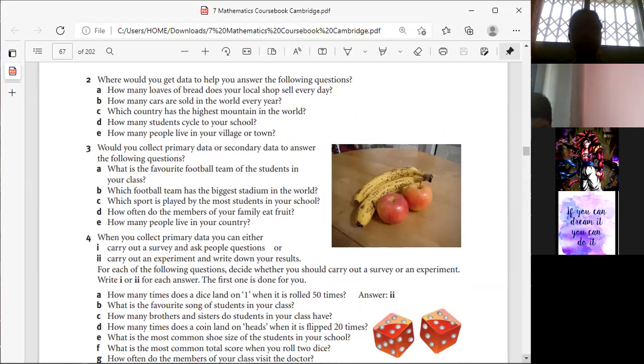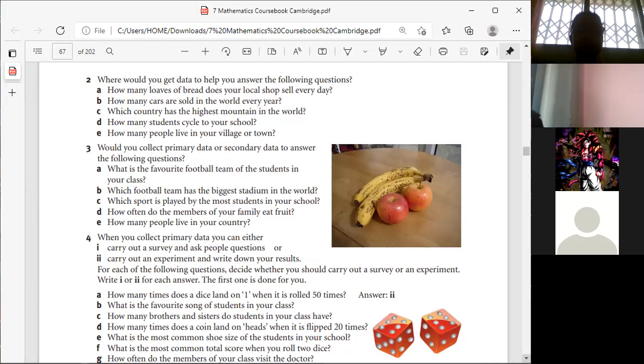Mohammed, tell me. About 20, 25. How many loaves of bread does your local shop sell every day? Where would you get data to help you answer? From where will you get the data?